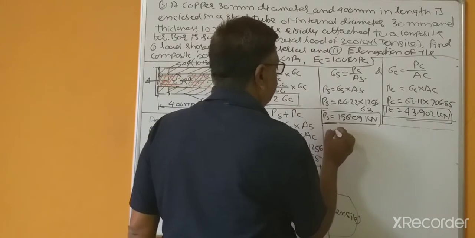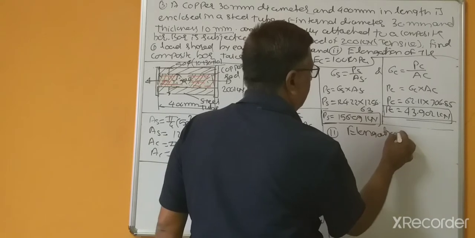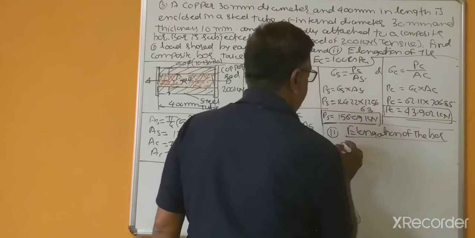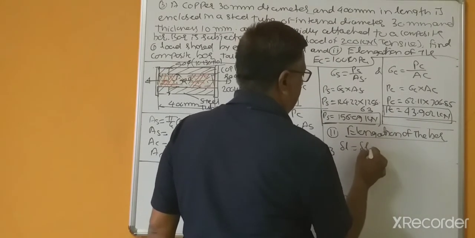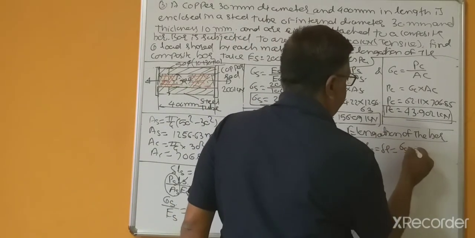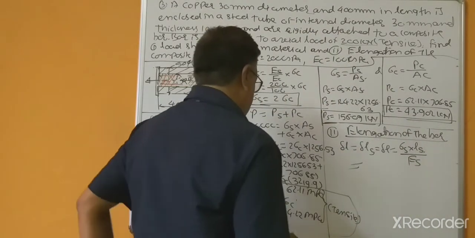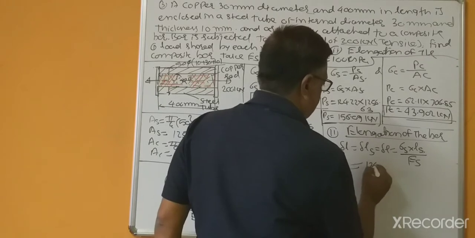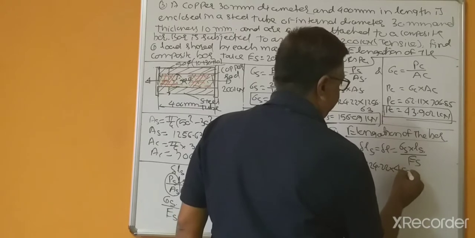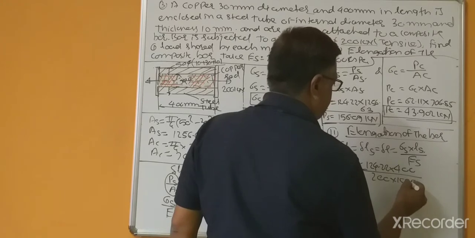Now the second bit, elongation of the bar. So delta L equal to delta LS, delta LC. Use any relation. This is 124.22, length 400 mm, ES 200 into 1000.